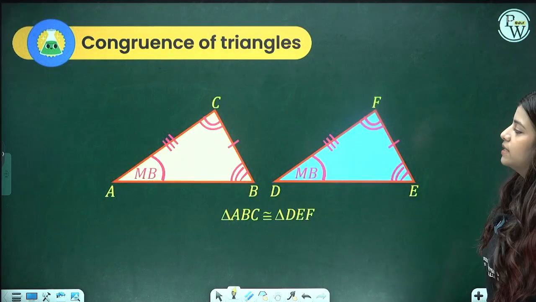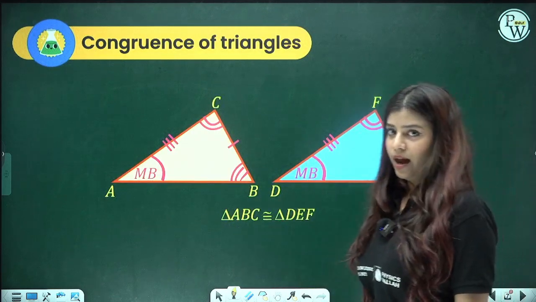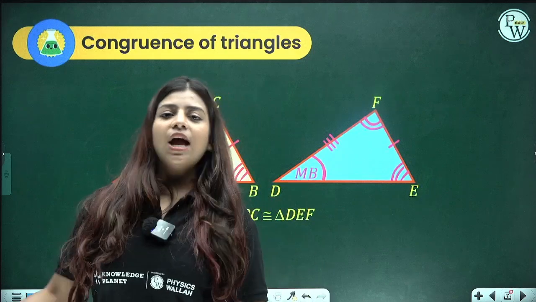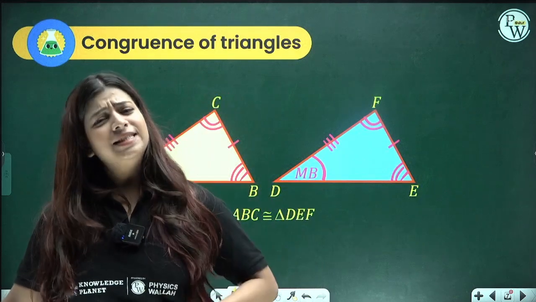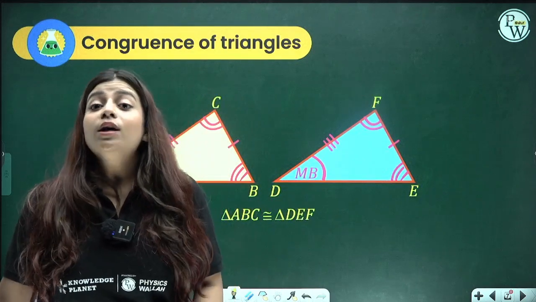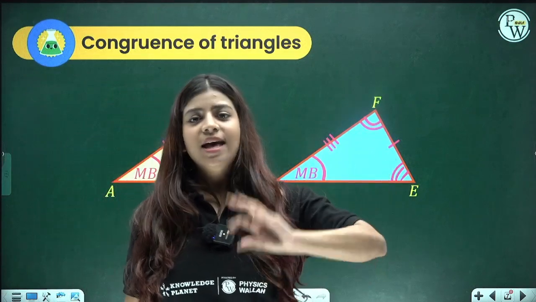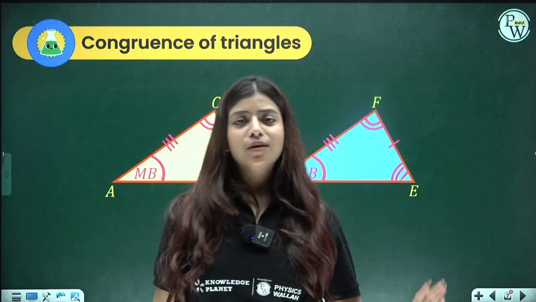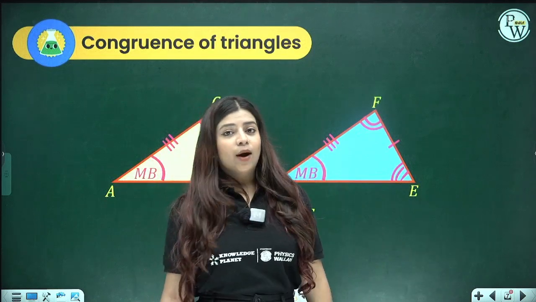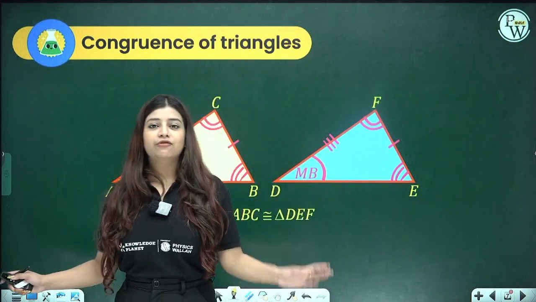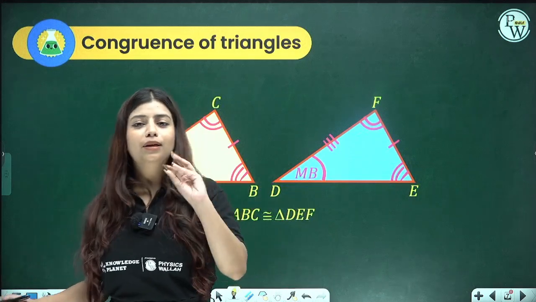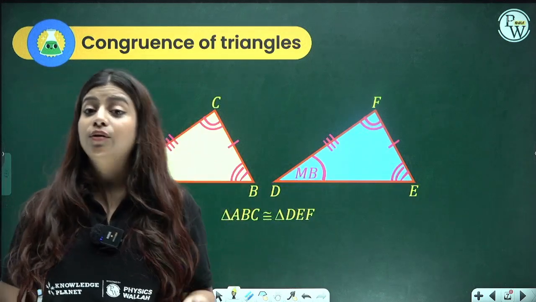Now, congruency of triangles. Right now I have just told you about some basic properties of a triangle. What are those basic properties of a triangle, students? It has three sides and it has three angles. So these are the two basic properties. There are multiple ways in which we can prove the congruency.